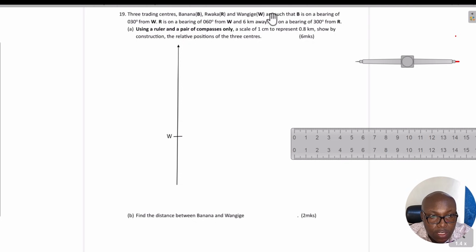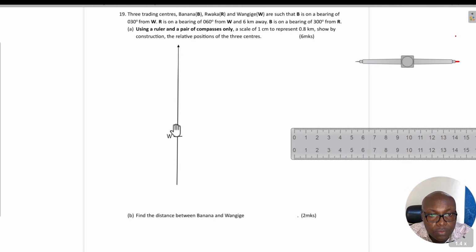So the first one, let me go to the first statement here. R is on a bearing of 060 from W. Because you already have the north there and the position of W, we can locate that.